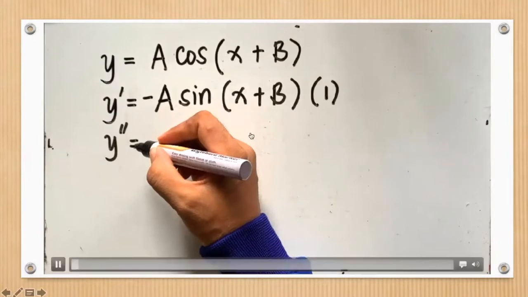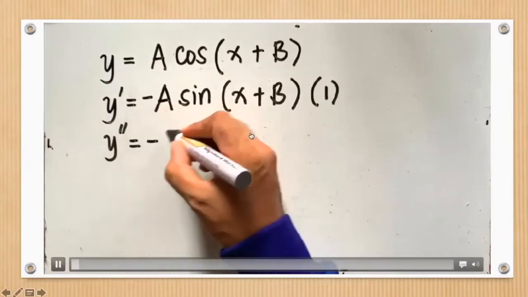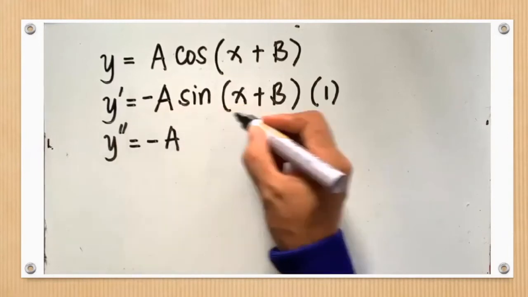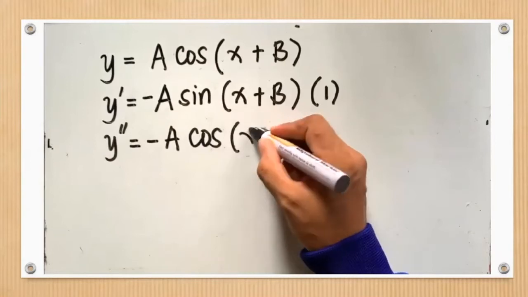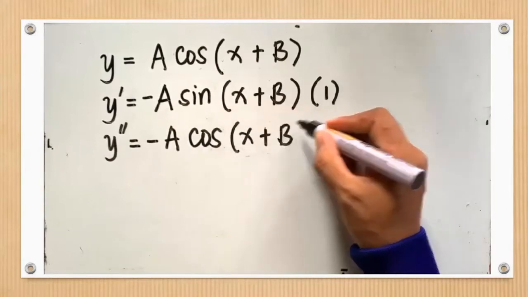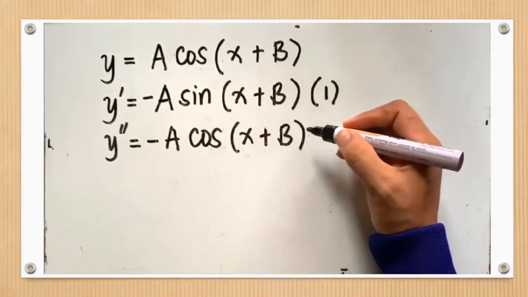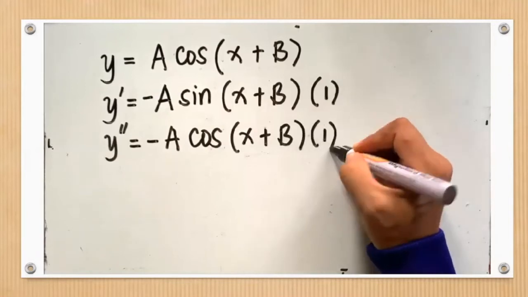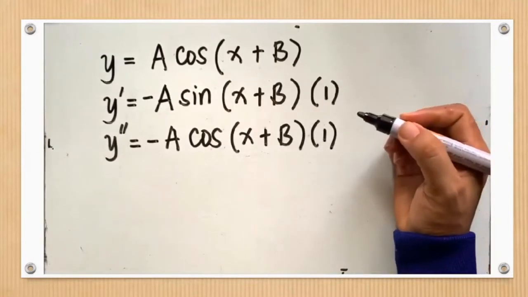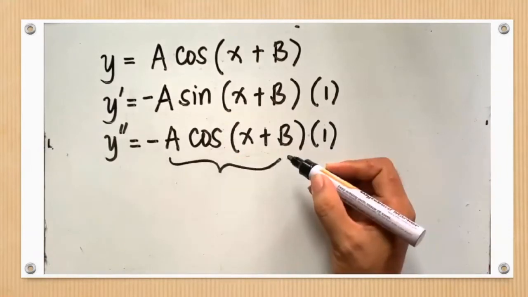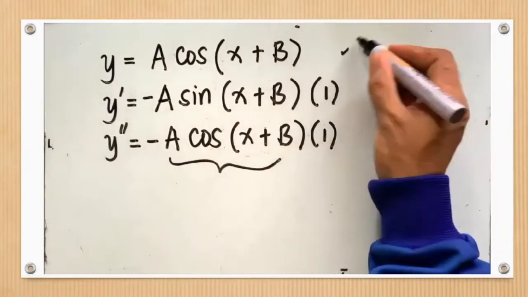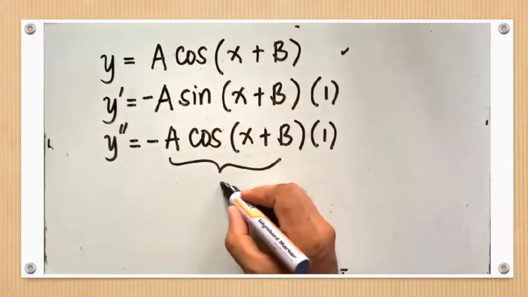Now, the derivative of this will be, so you copy negative a, derivative of sine is positive cosine, and then cosine of x plus b, and then differentiate x plus b, and that is times 1 because our independent variable is x. Now, as you can see, the resulting equation still contains arbitrary constants. So you have to eliminate the arbitrary constants.